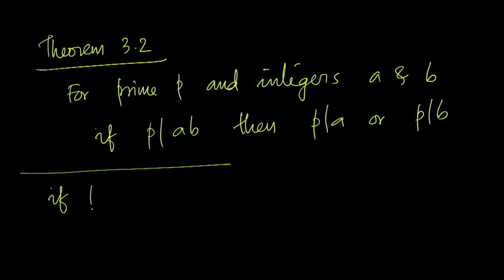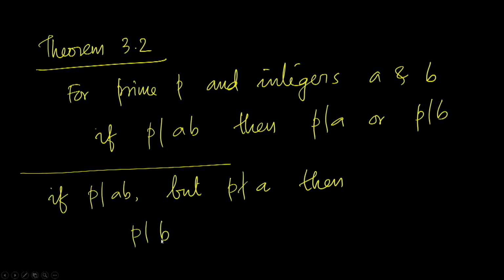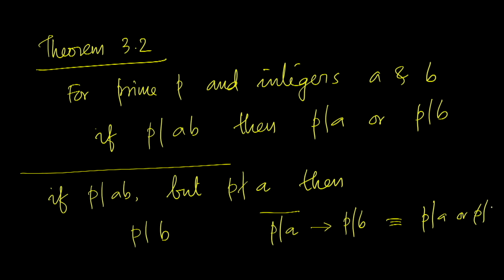If p divides a b, but p does not divide a, then by a theorem we saw in the last class, p divides b. Therefore, we have that p does not divide a implies p divides b, which is equivalent to saying that either p divides a or p divides b.